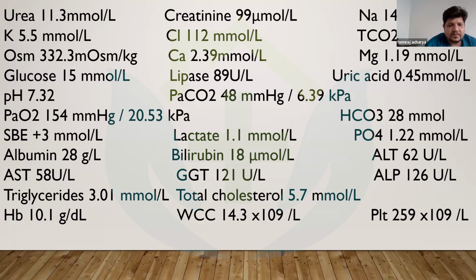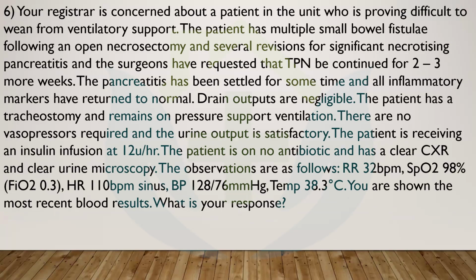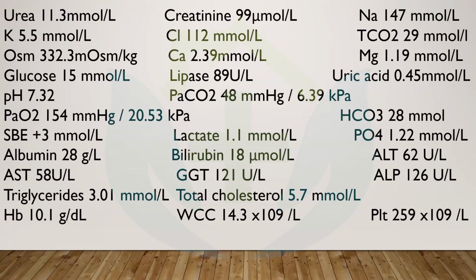Yes, sir. Okay. So what is your response on seeing this investigation? Sir, the patient is somewhat still retaining the CO2, sir. Patient is having respiratory acidosis, sir. So maybe, sir, the patient may be having some ICU acquired weakness also, and we may need to focus on his diaphragmatic movements and more of the physiotherapy, sir.